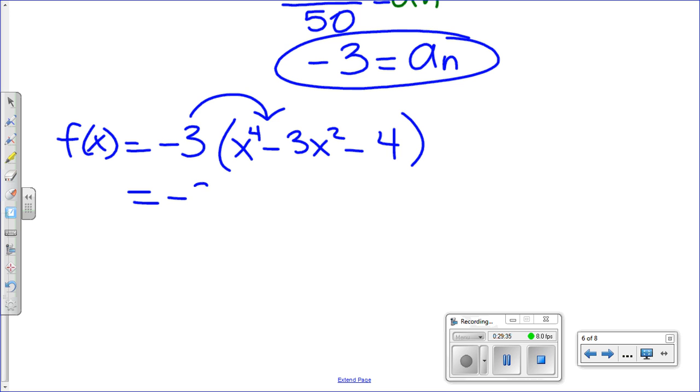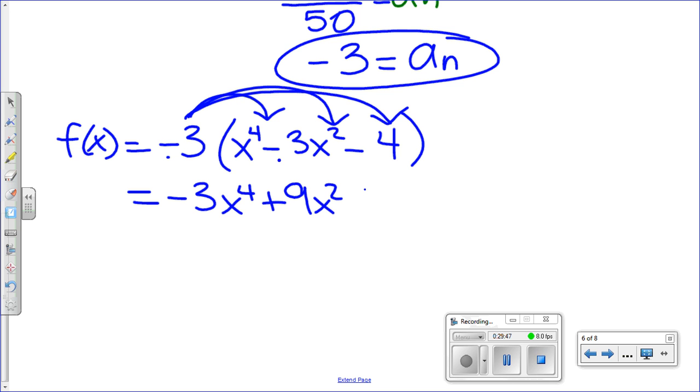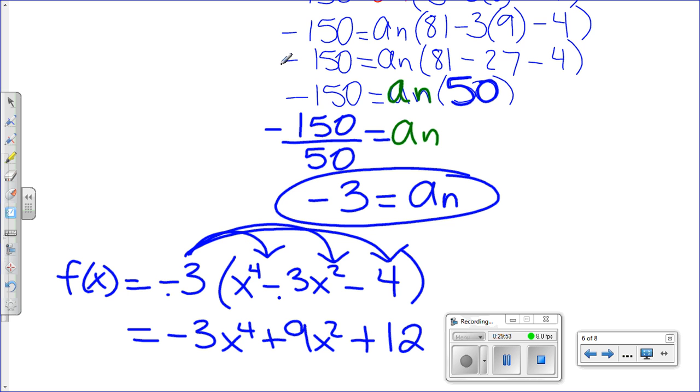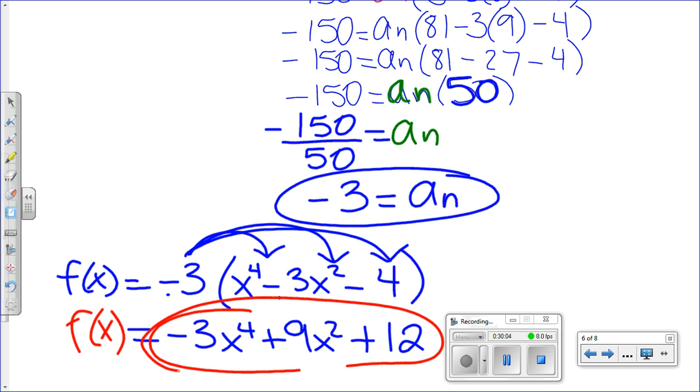So that will be negative 3x to the 4th. And then negative 3 times negative 3, that's positive 9x squared. And then negative 3 times negative 4 is positive 12. Now we're done. So that is the answer to the problem.